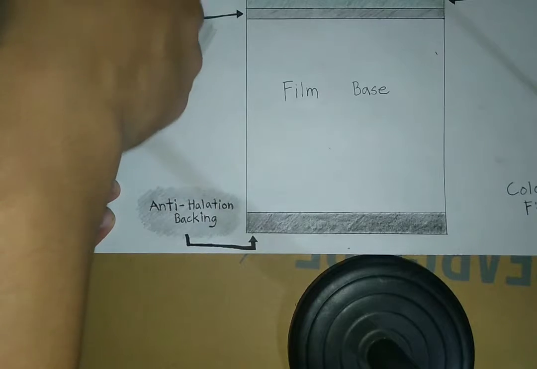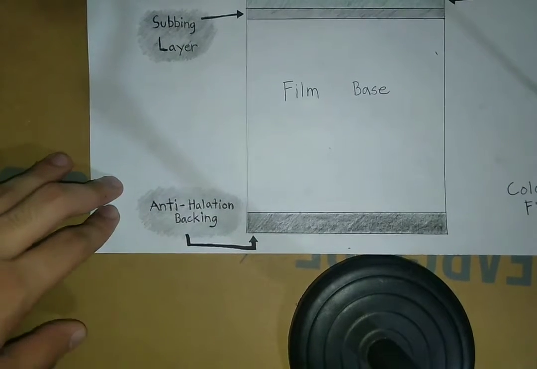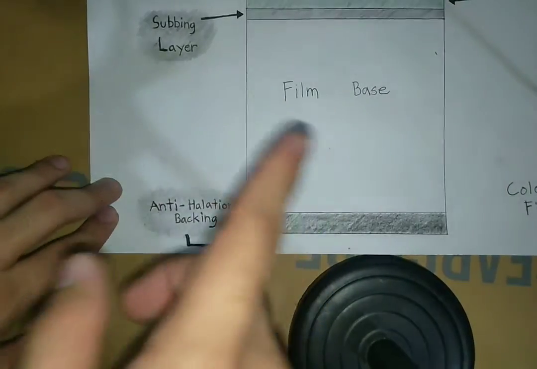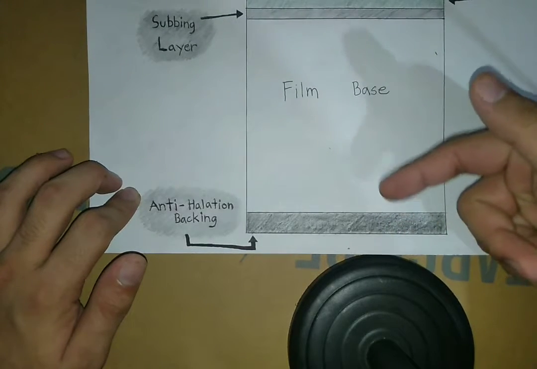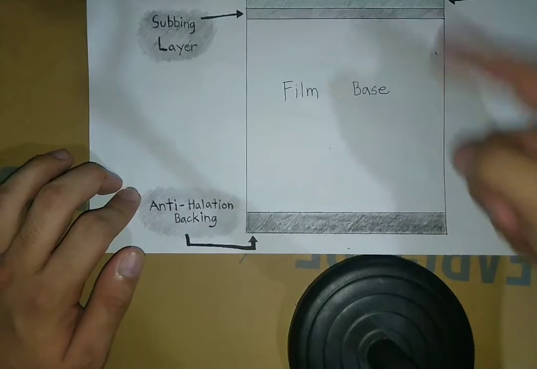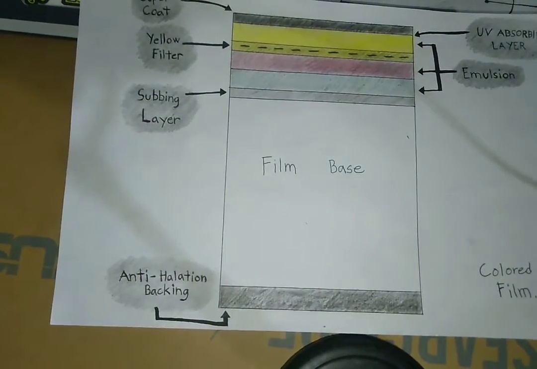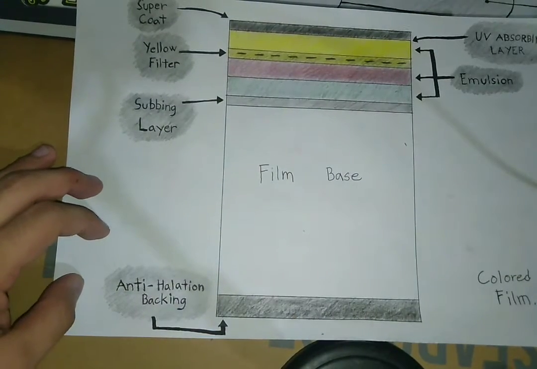The colored light came in here, and he is the one who will absorb the light. Another work is to prevent the light bouncing back to the emulsion, to prevent destroying the image.